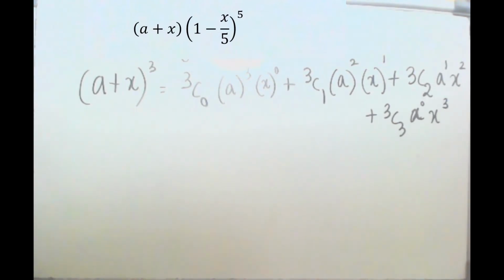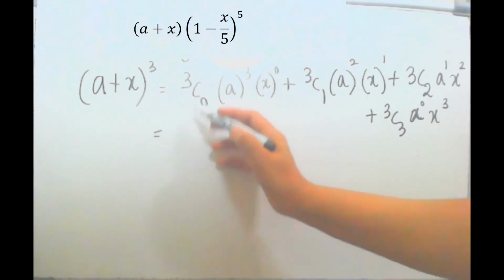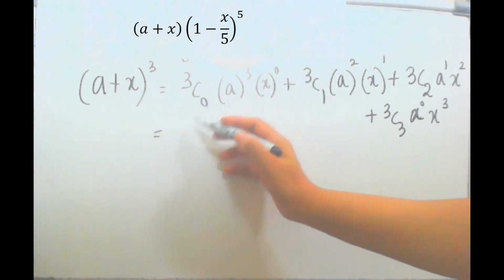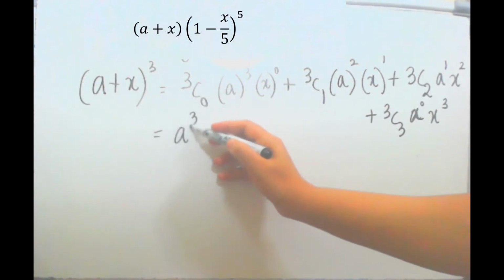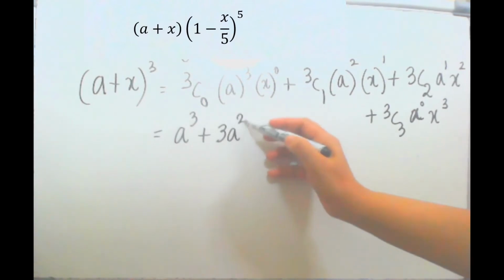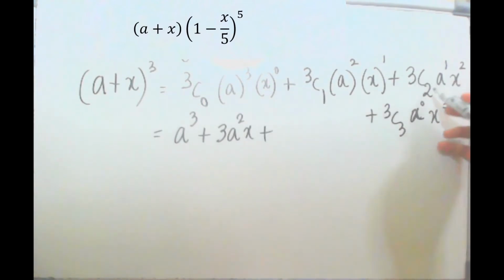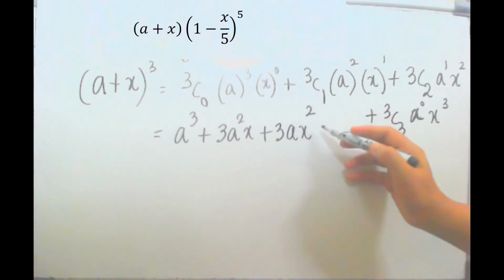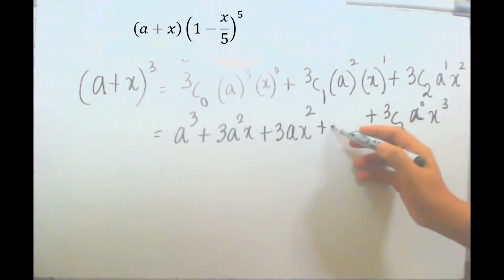So simplifying, what we get, 3c0 is 1, so it is a cube plus 3c1 is 3 a square x plus 3c2 is also 3 ax square plus 3c3 is 1, so that is x cube.